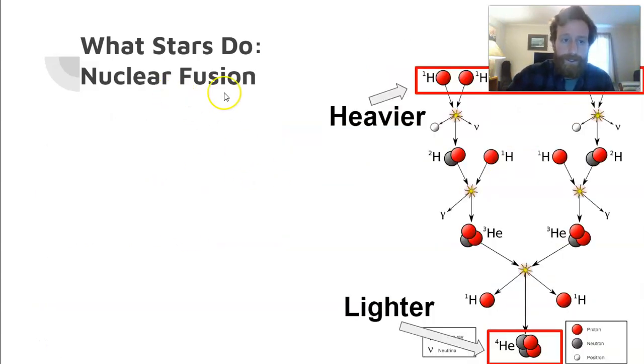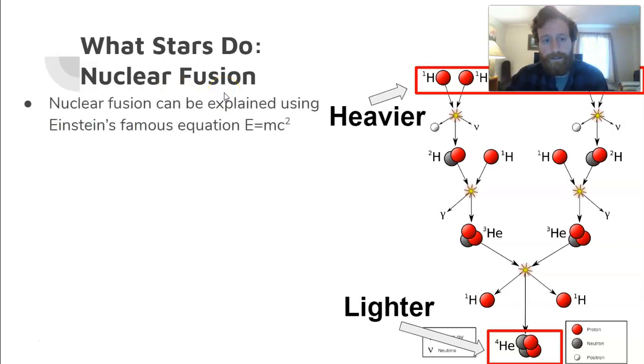So that brings us to our extension on nuclear fusion. This piece is a little complicated. We're going to talk qualitatively about an equation, E equals mc squared, and this is a part of the PD extension of the assignment.